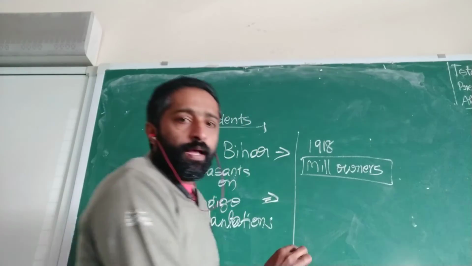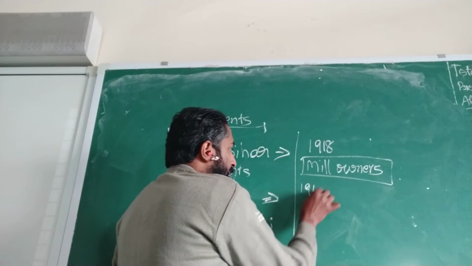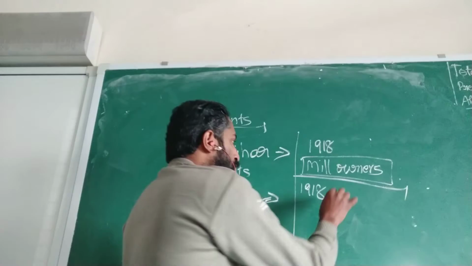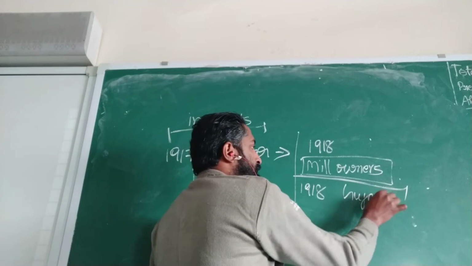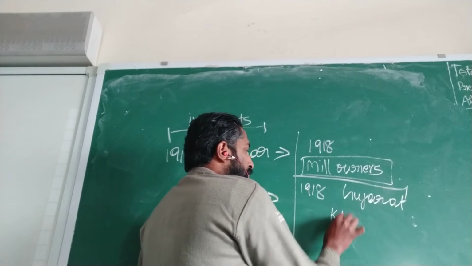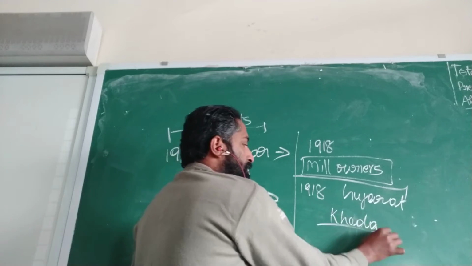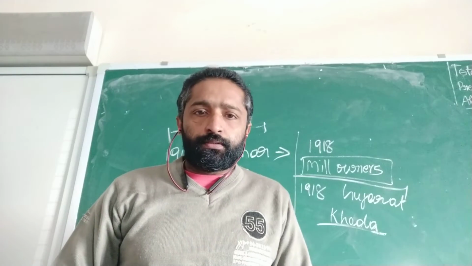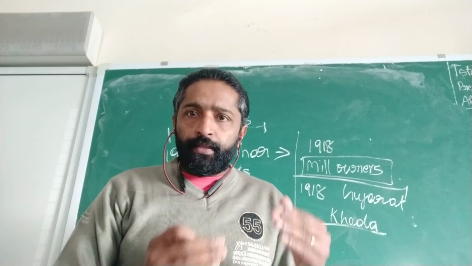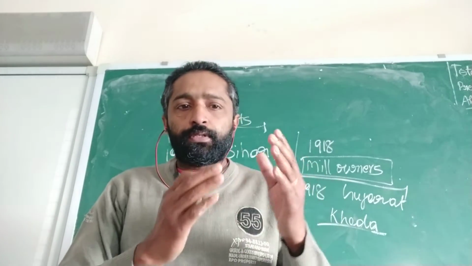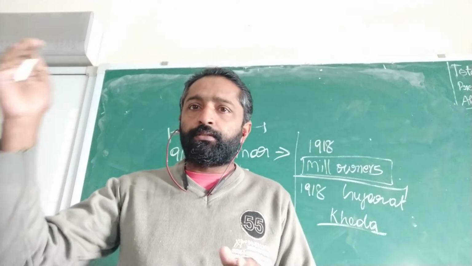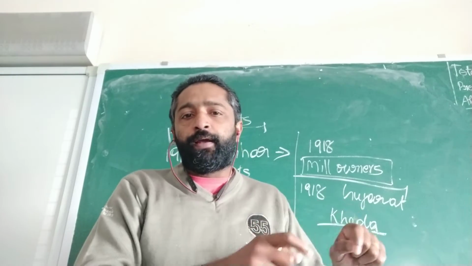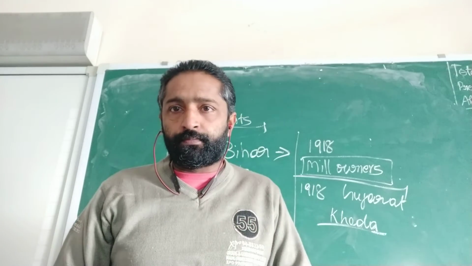And the third one happened in 1918, in the place called Kheda in Gujarat. Gandhiji went there and forced the government to suspend collecting the taxes because there was failure of the crops.